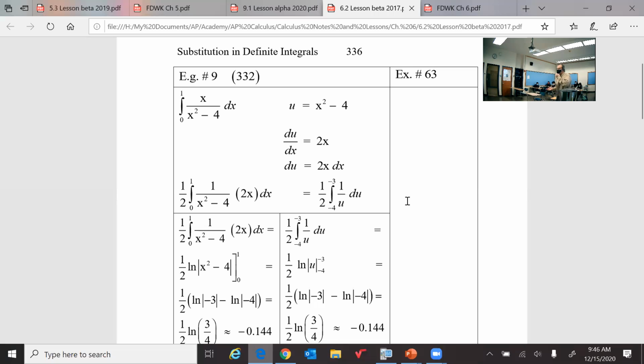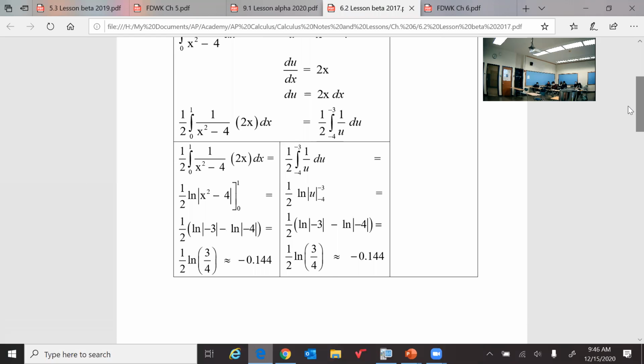So I'm looking at this work. You've got 1 over mu. That's the derivative of ln mu.